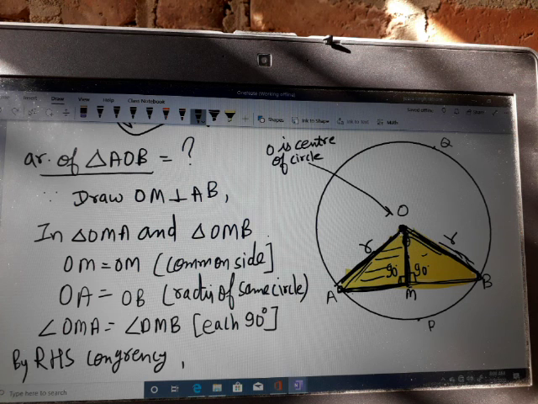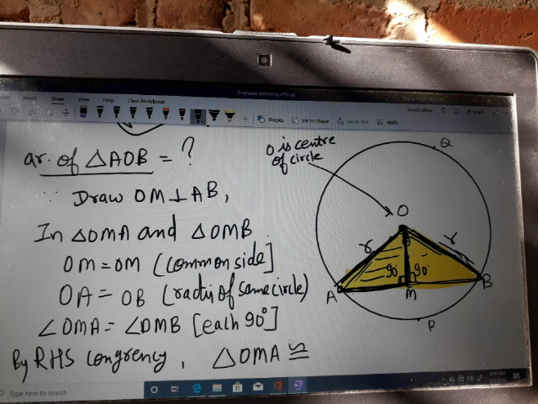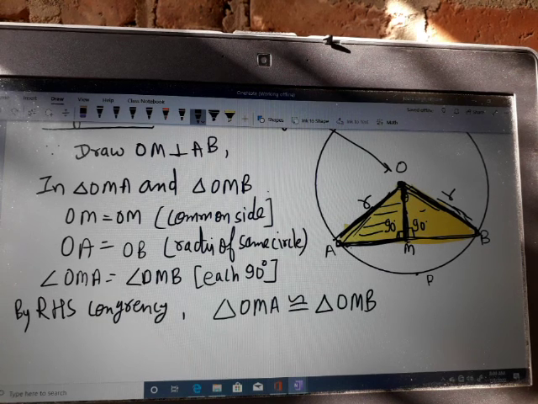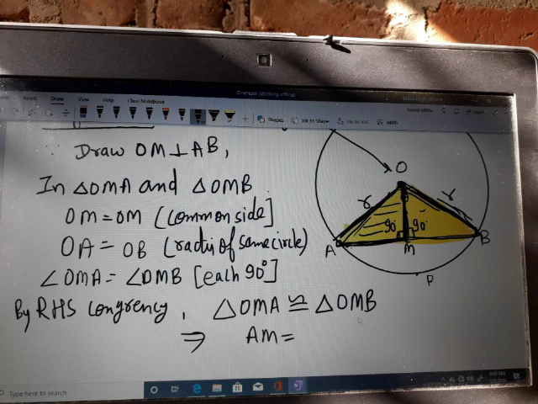This triangle is congruent to this triangle. Triangle OMA is congruent, congruent का symbol है, this is the symbol of congruent, to triangle OMB. Remember OMA congruent to OMB. This is very very important. After that, by the CPCT rule, by congruency of triangles, you can say easily MA, that is AM, equal to MB, that is BM.